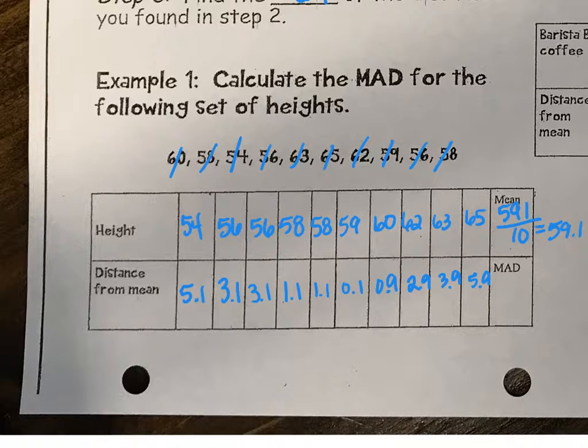And I got 27.2. There is a lot of room for error when you're inputting this on the calculator, so you have to be careful. I would probably check it twice. You're going to have 27.2. There were 10 values, so you're going to divide that by 10, and you're going to get 2.72.